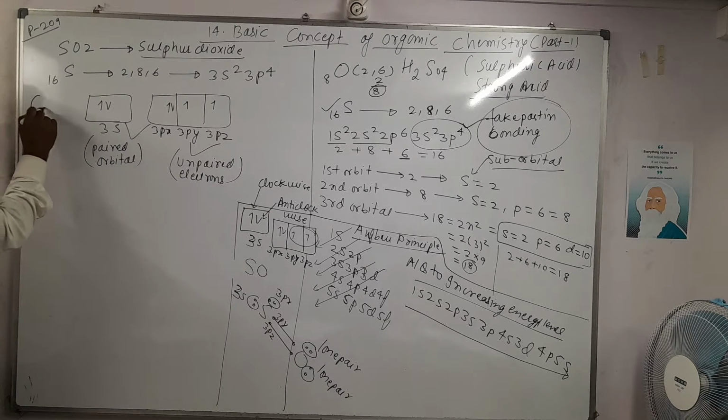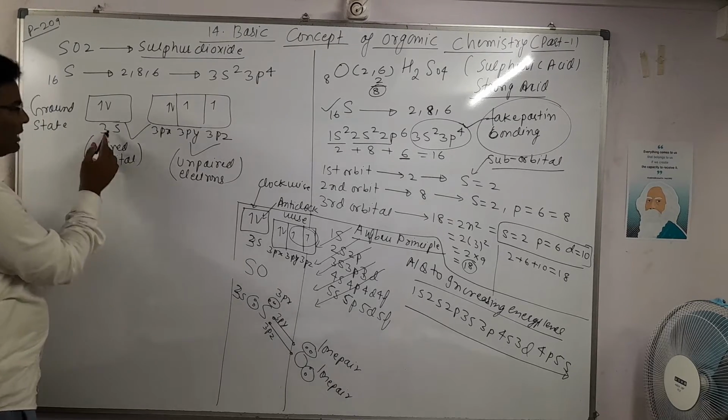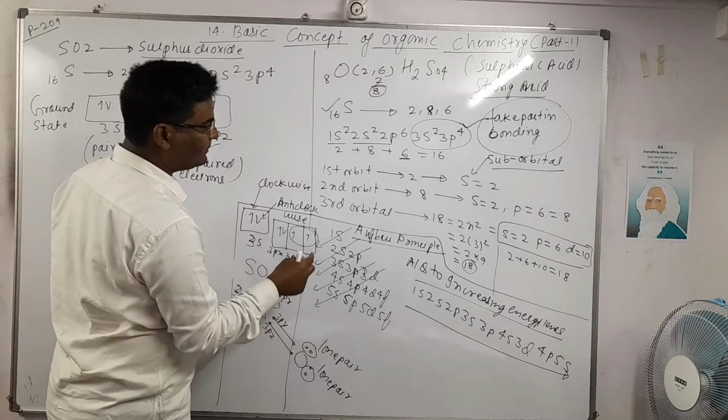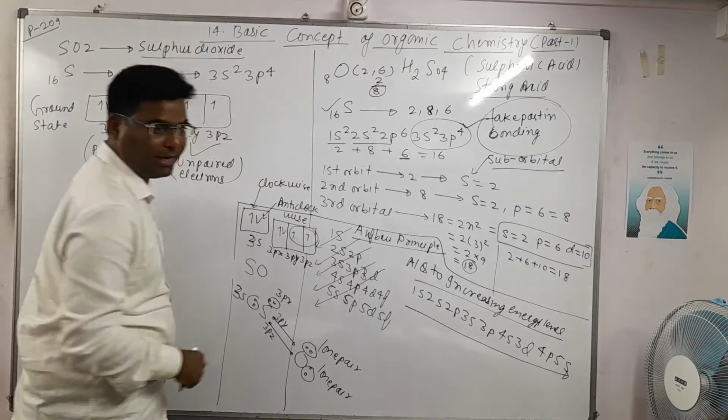So this is called the ground state. In the third orbit you can see it is 3s, 3p, 3d, right?